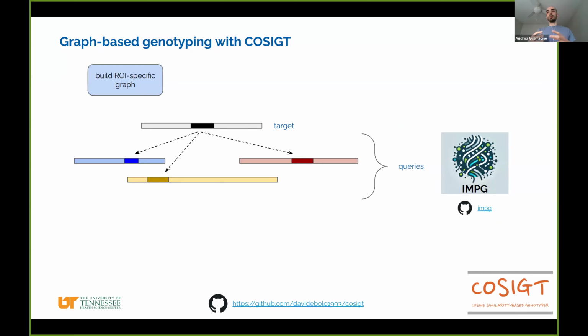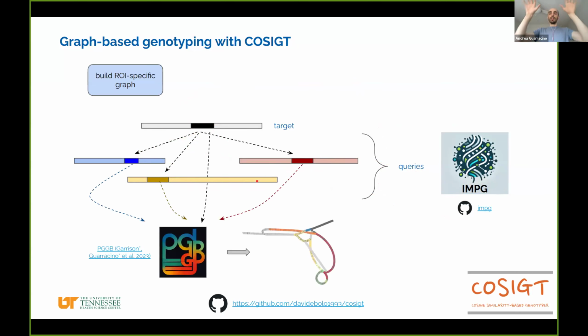So we are not working with a variation graph, but only on the alignments. We use this toolkit to project the region of interest from your target or reference genome across all the other genomes. Then we take all these regions of interest from all the genomes and use PGGB to build our specific pangenome graph. So here we build our amylase-specific graph. First step.